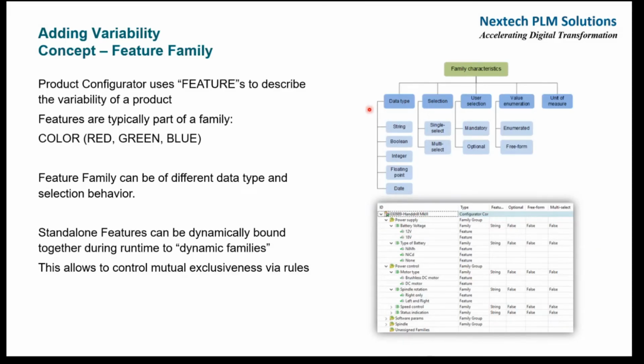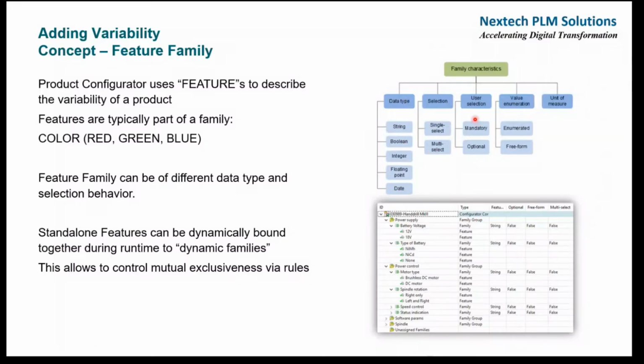So this is a quick look at the feature. As I again mentioned, it's the answer to the questions. Based on the data type, you can create features like string, boolean, integer, date.